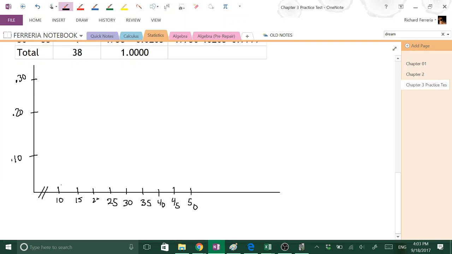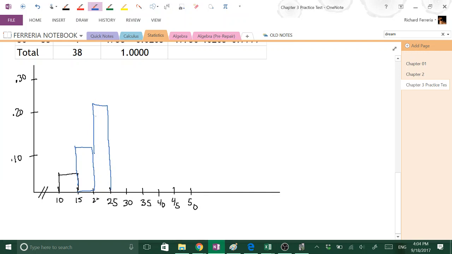All right, 10 to 15, what's the frequency? 0.05, okay, 0.0526. And we make rectangles. All right, from 15 to 20? 0.1316. I've switched to blue, I don't know why, but let's just go with blue. 20 to 25? 0.2368.